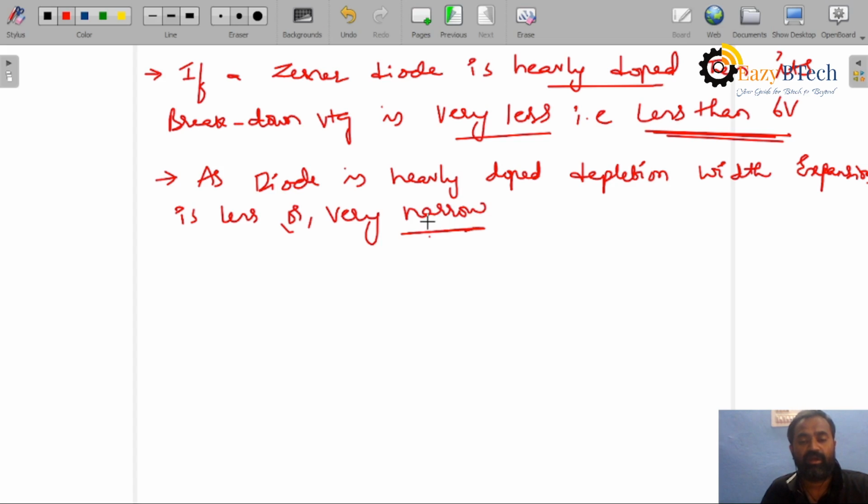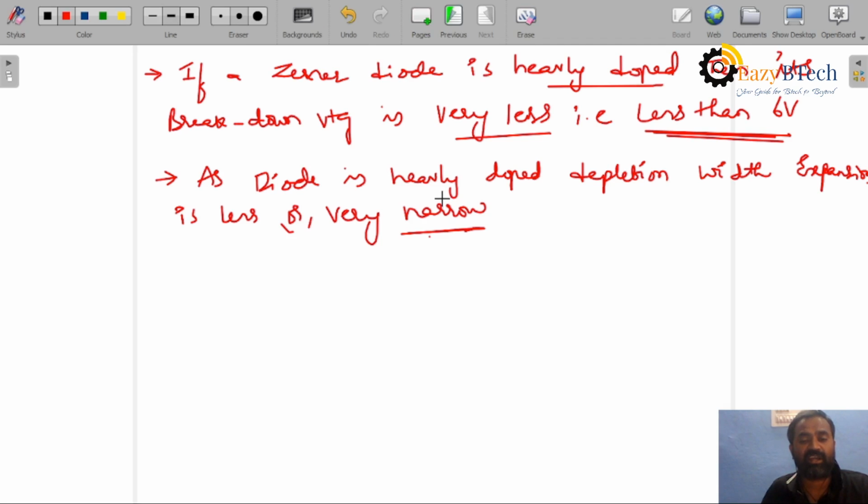The doping concentration is inversely proportional to the depletion width expansion. For a lightly doped diode, width expansion is more. For a heavily doped diode, width expansion is very less.